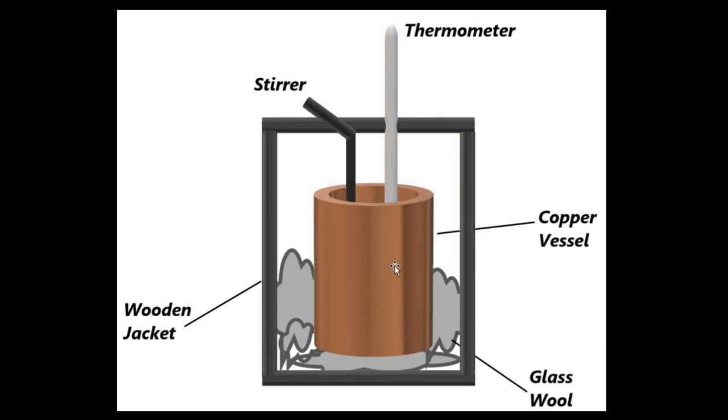So we have a copper vessel, we have a wooden jacket, we have thermal insulation like glass wool around it, we have a stirrer, and a temperature measurement device such as a thermometer is used to record the temperature.